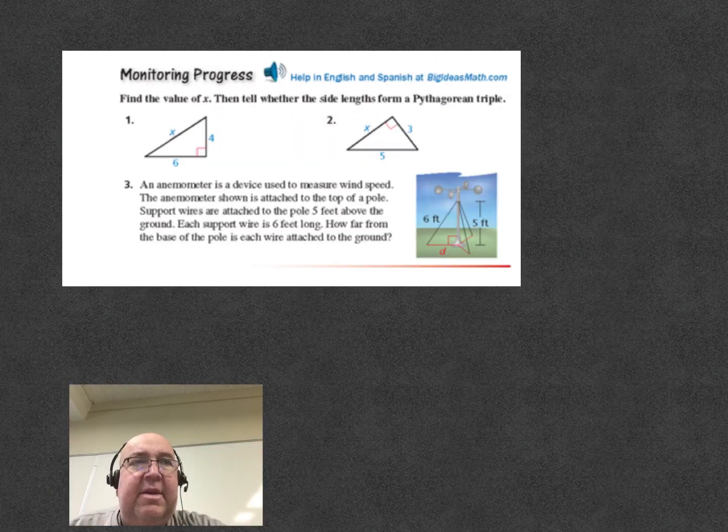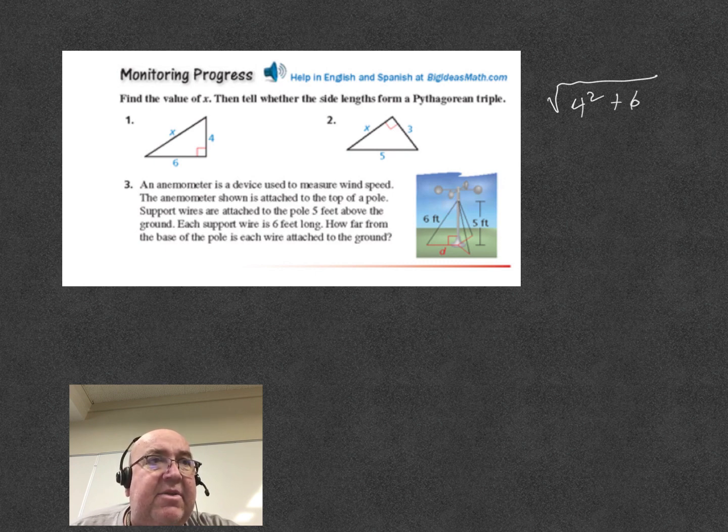Alright, so number 1, thinking if we have any triples. Don't see a triple. So I'm going to do the square root of 4 squared plus 6 squared is equal to x. 4 squared is 16, 6 squared is 36, so we're going to get the square root of 52.